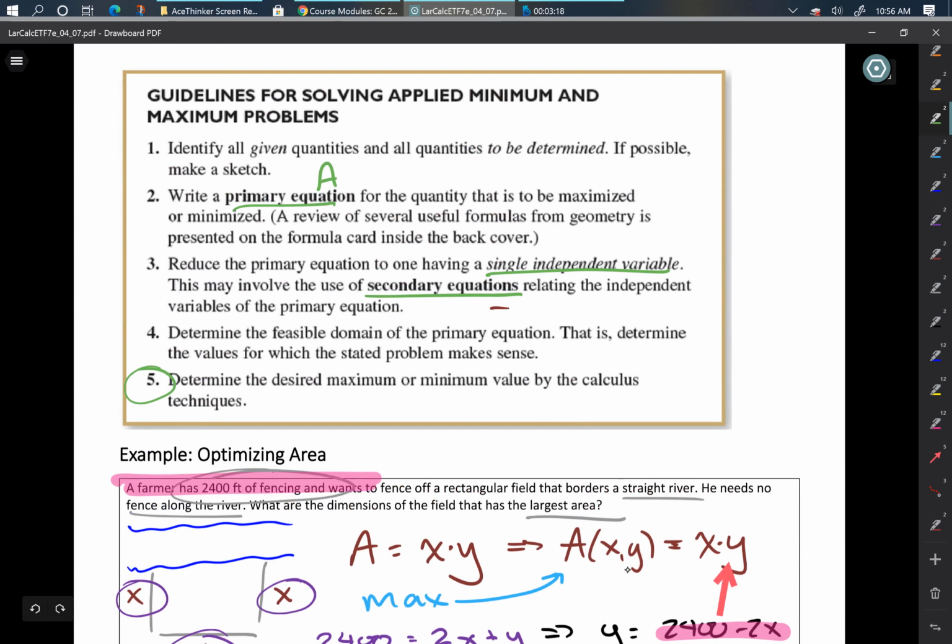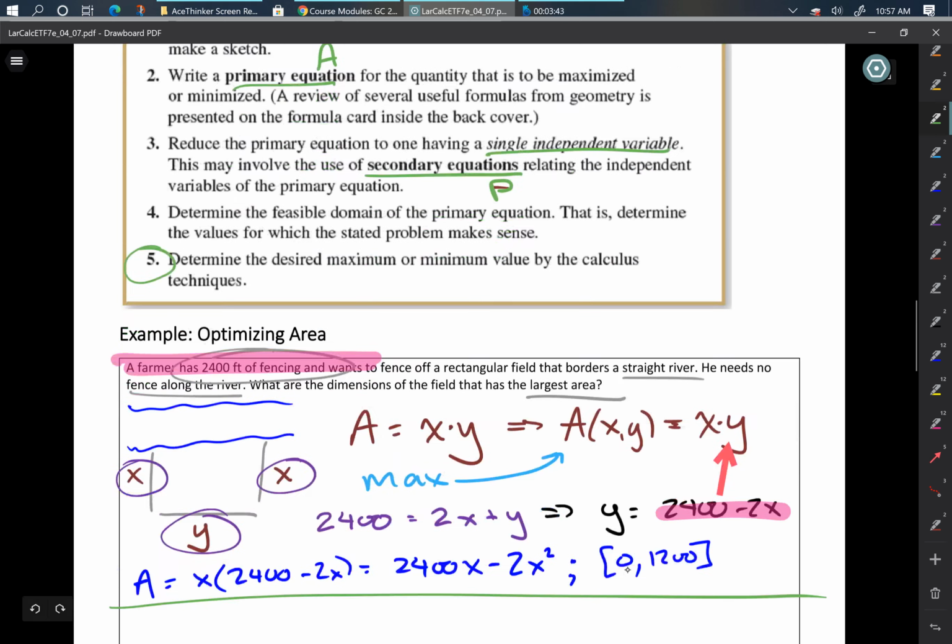So we wrote a secondary equation, and if you want to think of it as perimeter, it's kind of like perimeter. It isn't really perimeter because perimeter implies all the way around, and we didn't go all the way around. We just went three sides of this, but kind of like perimeter. Okay? And we did substitution. Then we determined a feasible domain of that primary, 0 to 1,200, and now we're down to calculus.